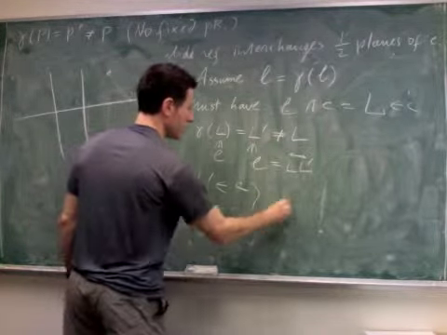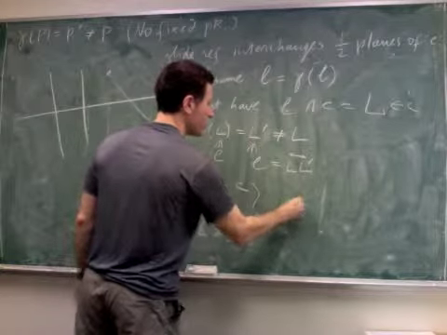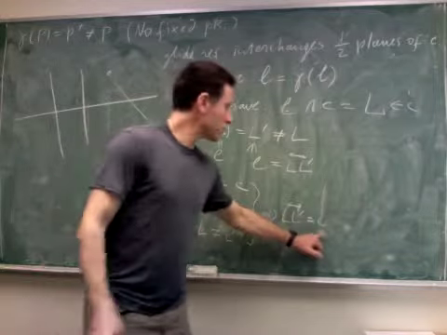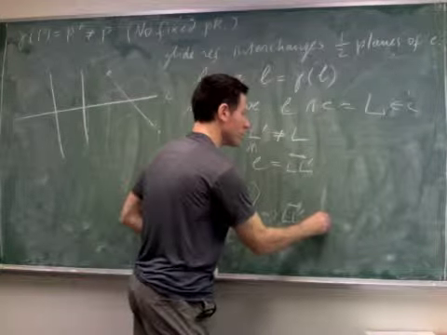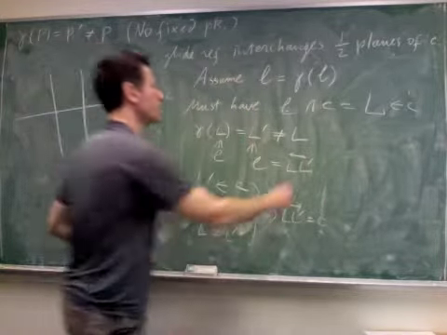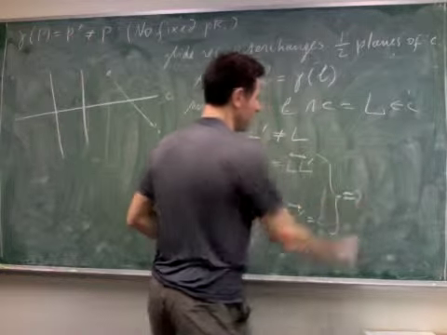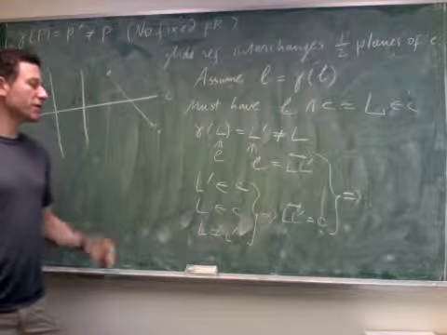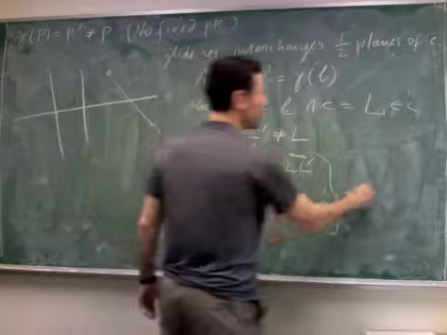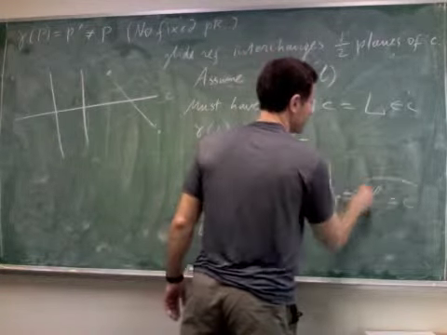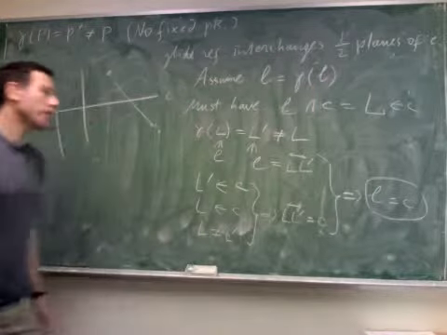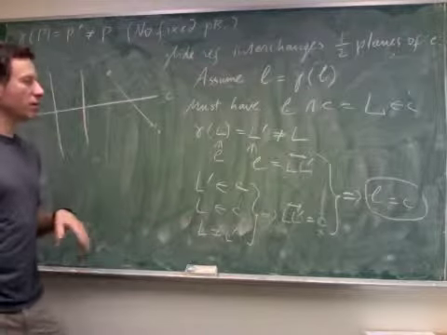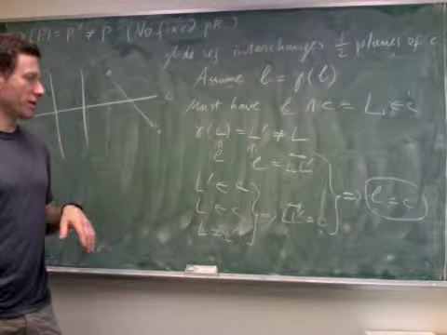Hence, the line l l prime is also equal to C. So from these two facts, we have that L must equal C. So the axis of reflection is the only line that is fixed by the glide reflection.